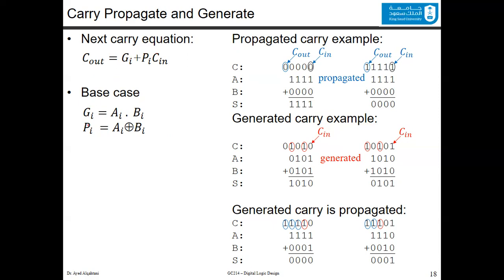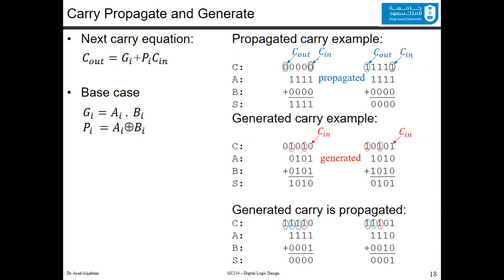To understand the generation and propagation, here are several examples. These are propagated carry examples. We have two examples here. If you have a carry input, which is 0, and you have those two inputs, A and B, look only at the carry, because the carry is the bottleneck. In the ripple carry addition, the delay was long because of this chain of carries going from the first carry to the last stage carry out.